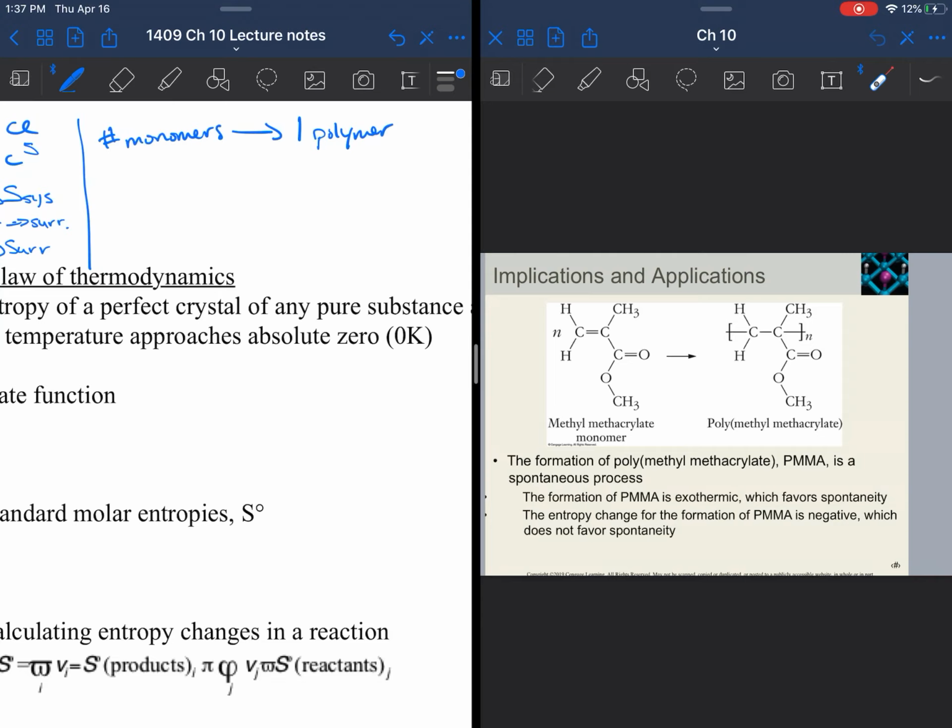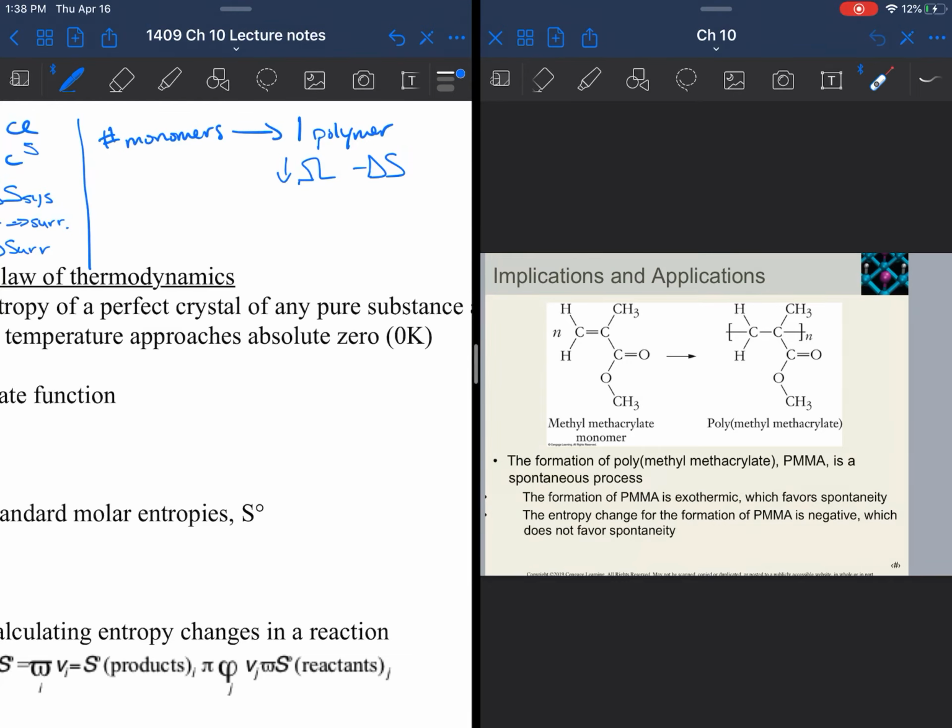The number of monomers here is going to be greater than 1, and we're going to make one polymer. So fewer particles, there's going to be fewer microstates available. If there are fewer microstates available, then entropy is going to go down. But this is a spontaneous reaction at certain temperatures.